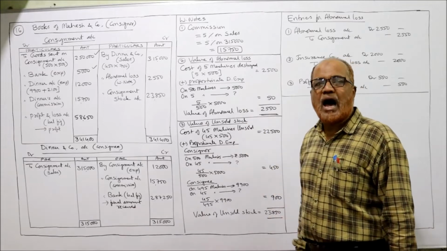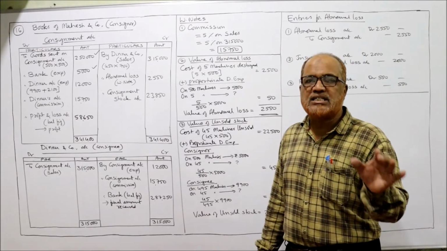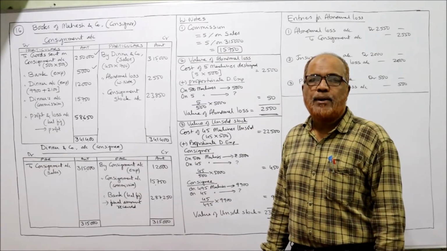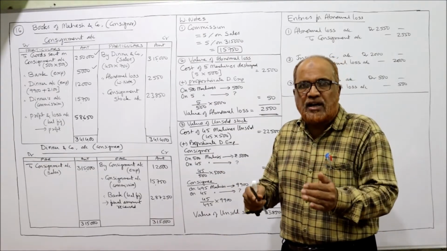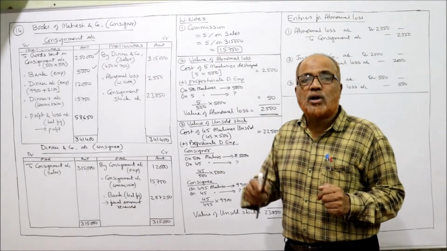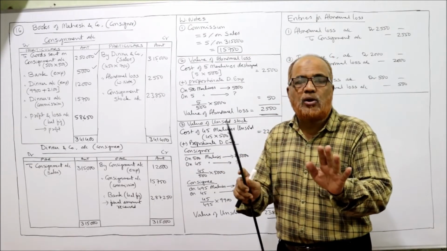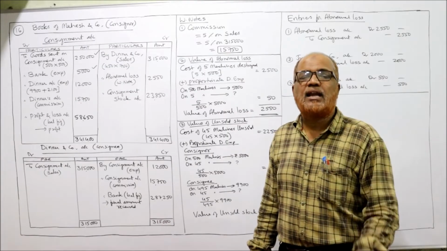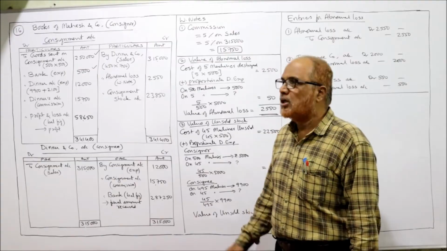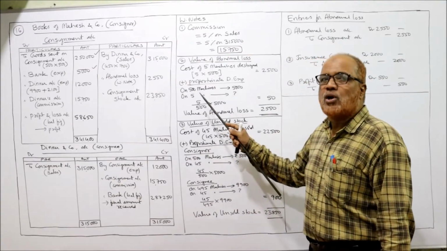To this we have to add proportionate direct expenses incurred by the consignor. Because the machines were destroyed before reaching the consignee's place, the consignee's expenses should not be included. Only consignor expenses should be included in the value of abnormal loss. So see here, proportionate direct expense.